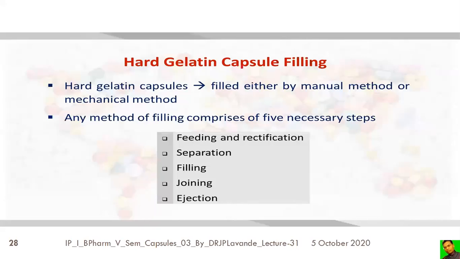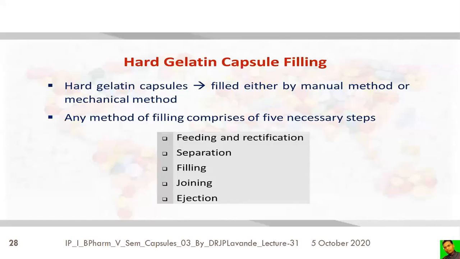Now the feeding and rectification we saw in our very last lecture with a video representation, right? How the process is actually carried out in an industry, right? So there is a proper feeding of the capsules, particularly the capsules containing cap and body.